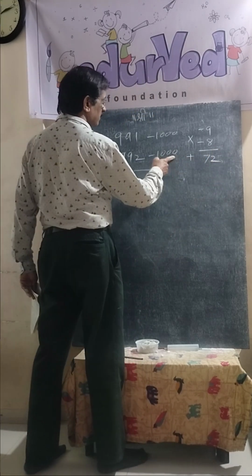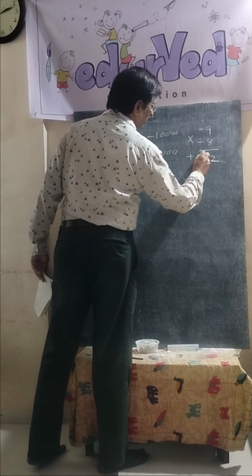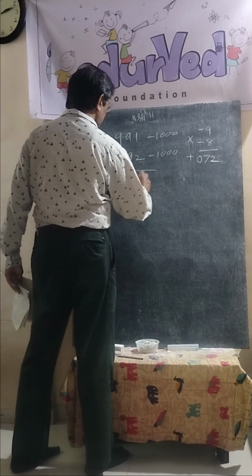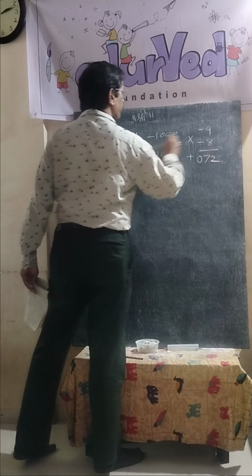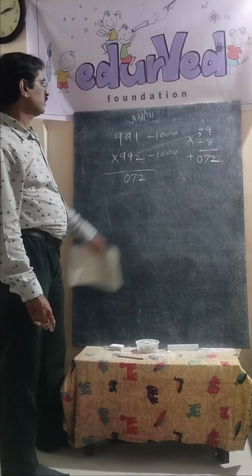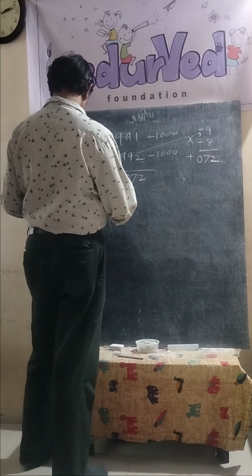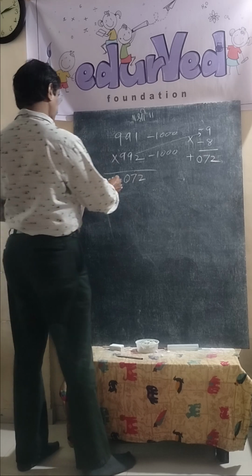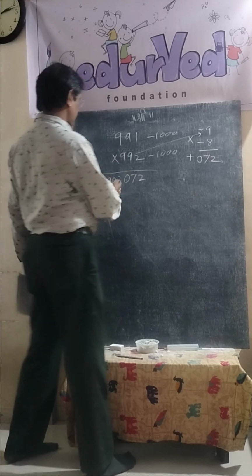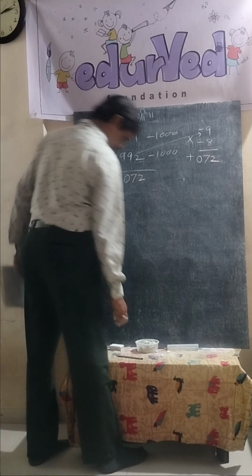Here we have 3 zeros, so convert this into a 3-digit number: you write a 0 over here. So write 072. The next step is 992 minus 9. So 992 minus 9 will be 983. This is the final answer.